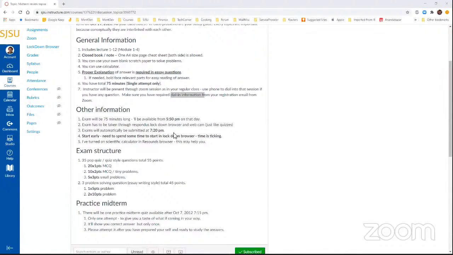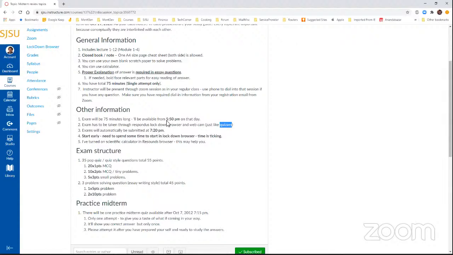Next, as I said, the exam will be 75 minutes long, and it will be available from 5:50 p.m. That means you can start as early as 5:50 p.m. You don't need to wait till 6. It will be taken through the Respondus lockdown browser and webcam, just like the quizzes we take. The exam will be automatically submitted at 7:20 p.m. So we have a buffer after the class time, but you will still get only 75 minutes.